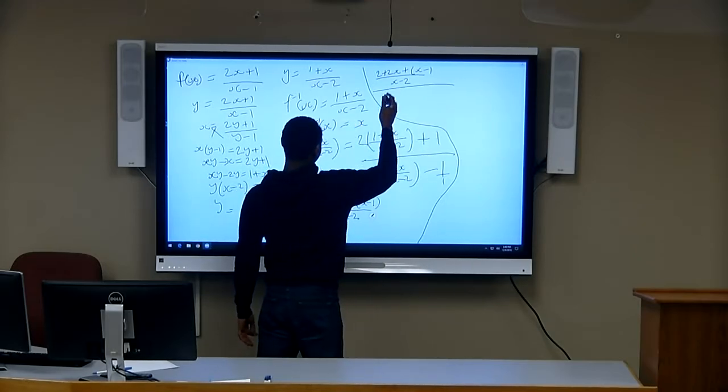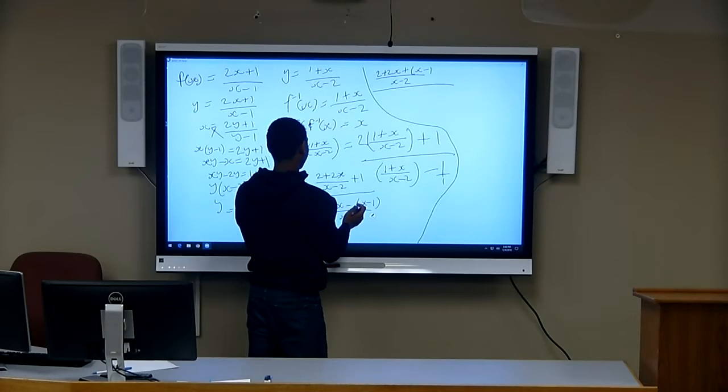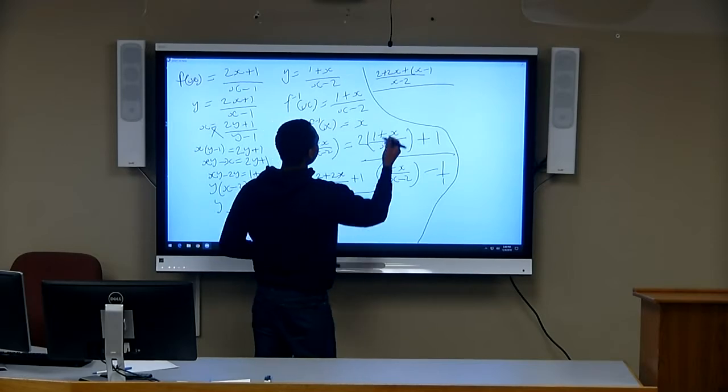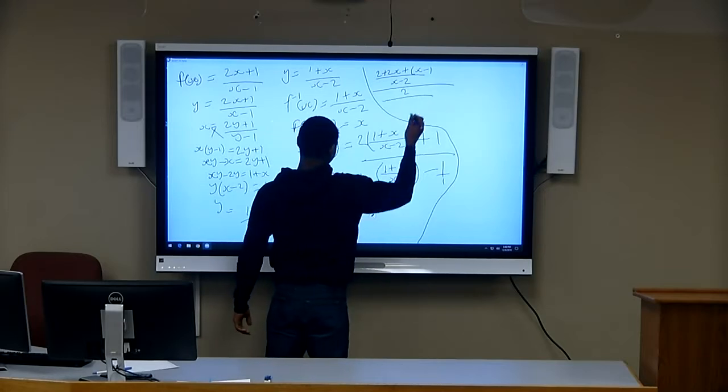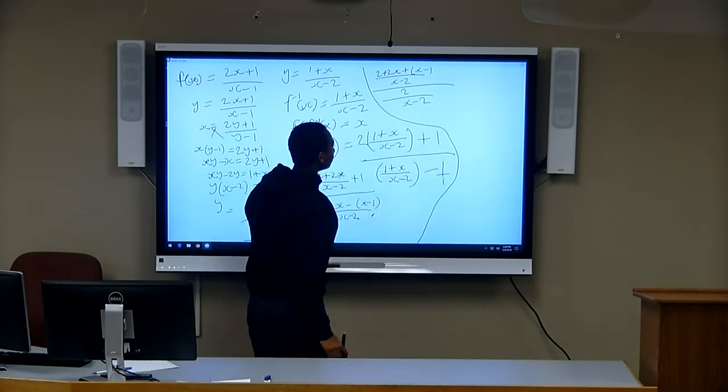That is 1. This is minus x. This one is plus 1. So it's going to be 1 plus 1 is 2. X minus x is 0. So here everything we get is 2 over x minus 2.